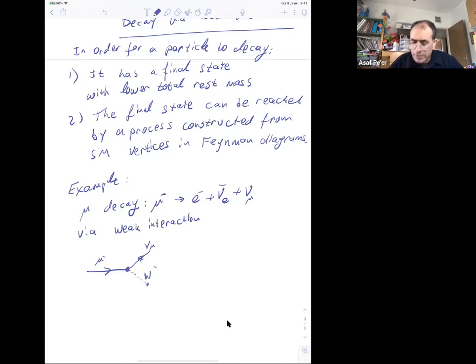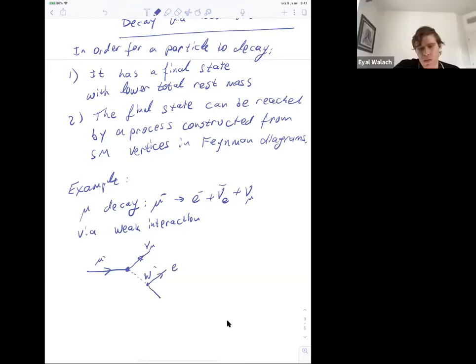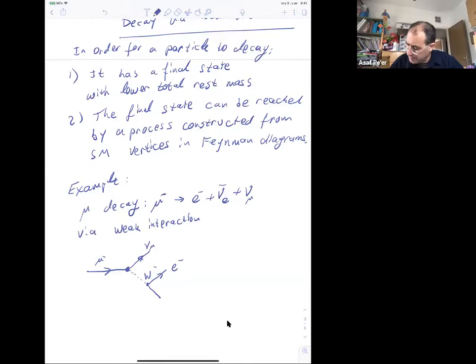Then the W boson can decay or interact and produce an electron and an anti-electron neutrino. The W minus boson is a charge-carrying boson, so we have conservation of charge. We have two vertices, and we have conservation of charge at each.